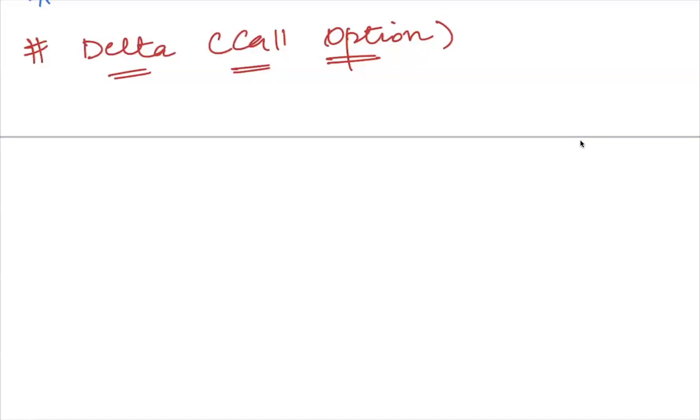So what it means is, let's say we are given that delta for a call option is 0.5.